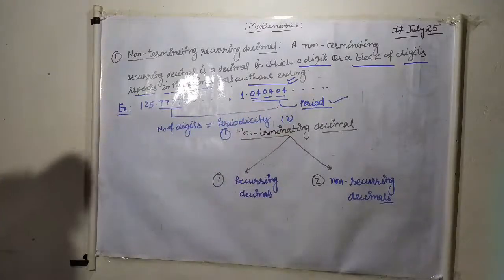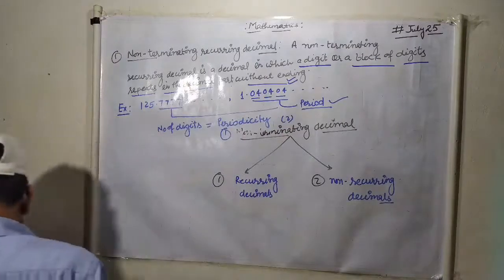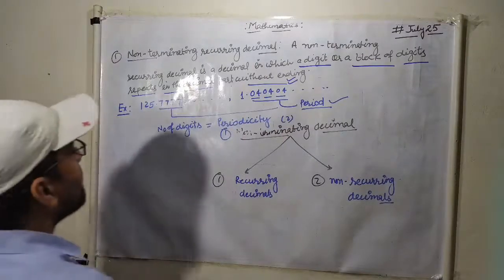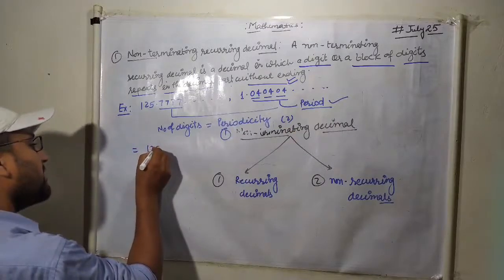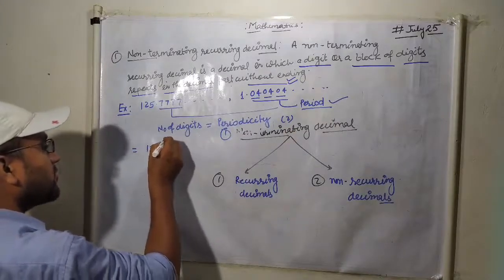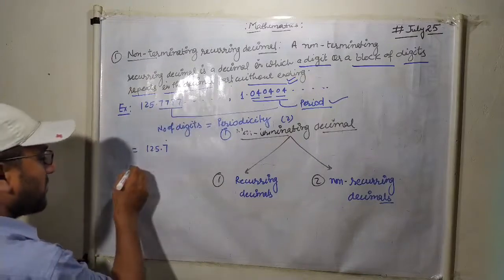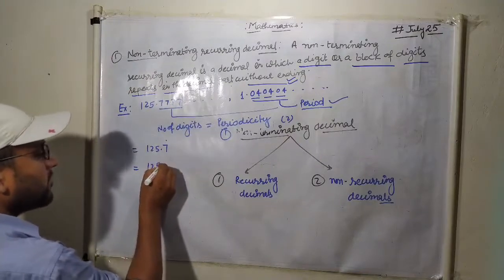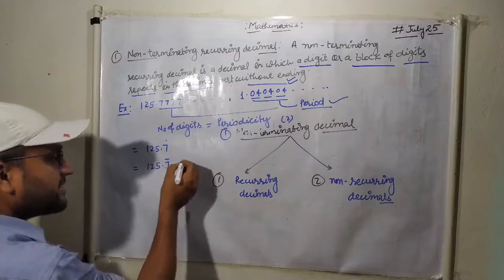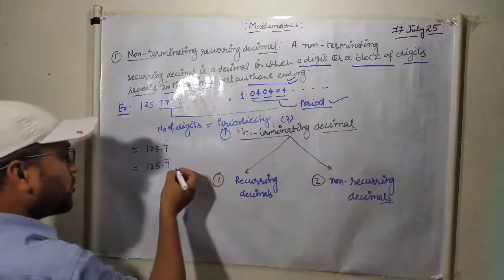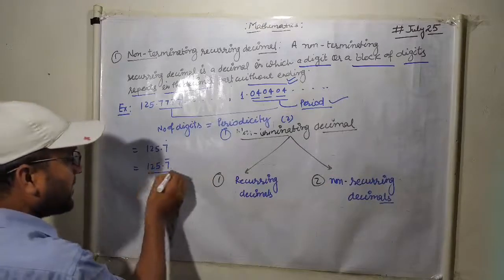So you can represent this with a dot or a bar. You can write it with a bar like that. 125.7 with a bar, means that 7 7 7 7 and so on. If you want to write in short form, you will write like that.